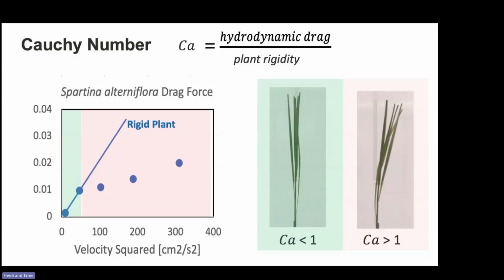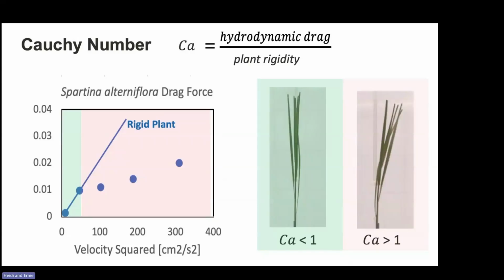This graph shows the drag force measured on a live Spartina alterniflora plant as a function of velocity in the channel, or velocity squared. So these are pictures taken in the lab. If the plant were rigid, the drag would follow the blue line.